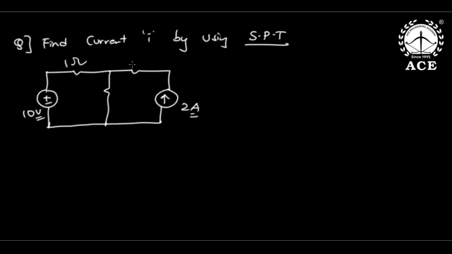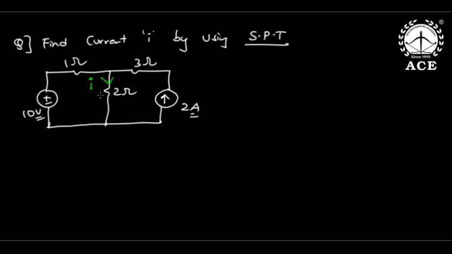This is 1 ohm, 2 ohms, 3 ohms. I'm asking: find current I by using superposition theorem.